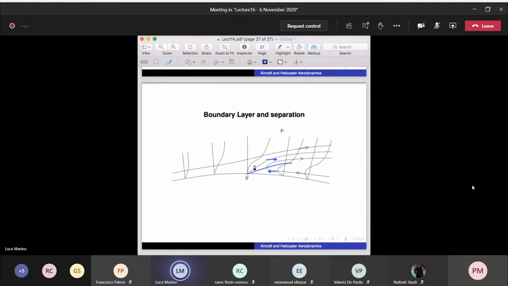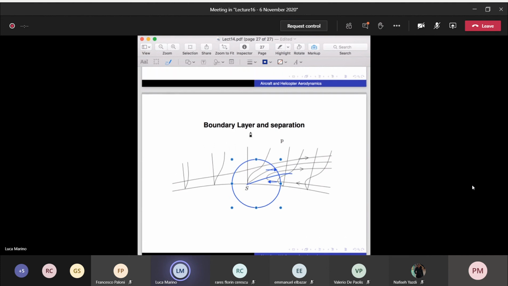In principle, you cannot proceed further with the boundary layer approximation, because in this region, as you can imagine, the changes along the x direction are of the same order of magnitude as the changes along the y direction. So this is why the boundary layer equation and the boundary layer approximation as a conceptual tool cannot be applied to flows which are separated.